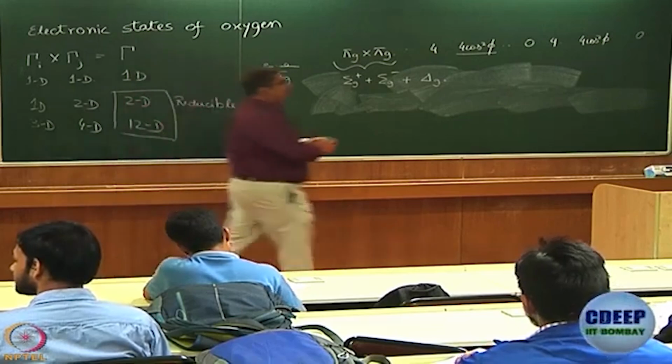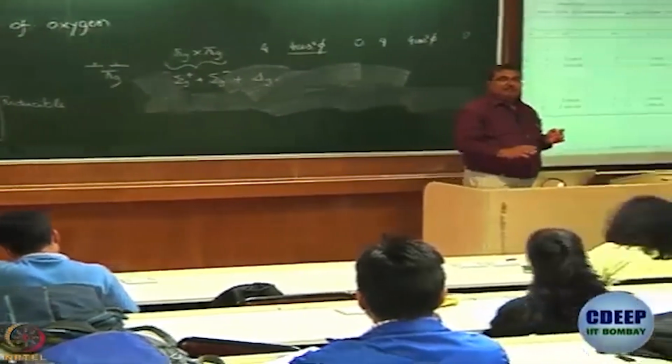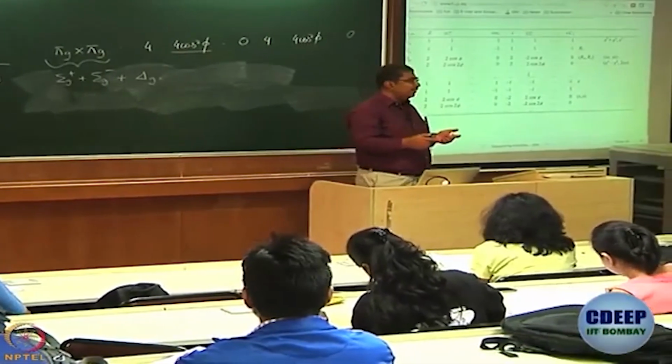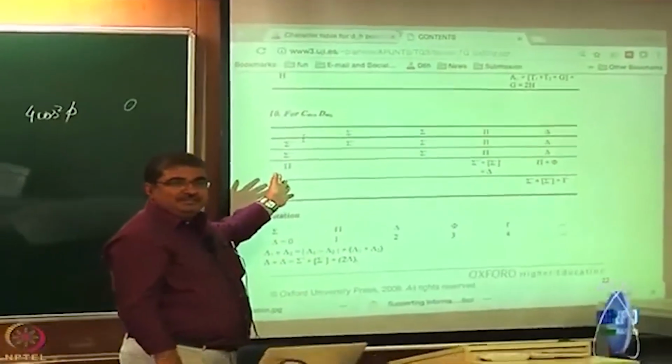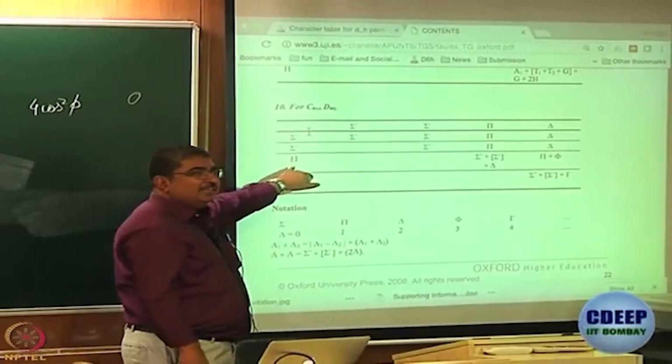But if we really want to be lazy, then we need to know another kind of table over and above the character table, that is called the product table. These product tables are also available. You might notice that the sigma G and all are not mentioned here.